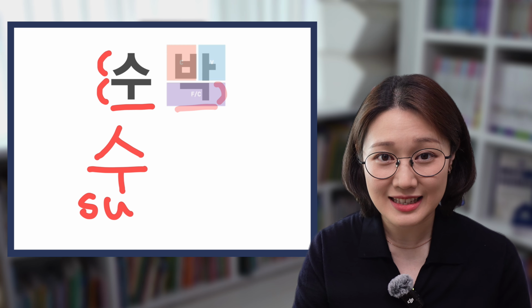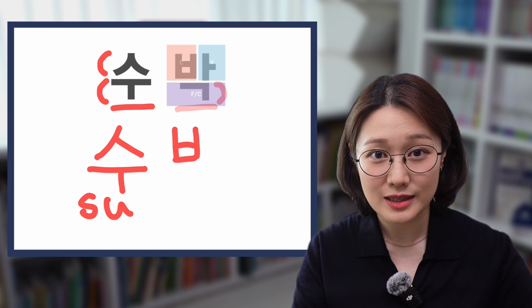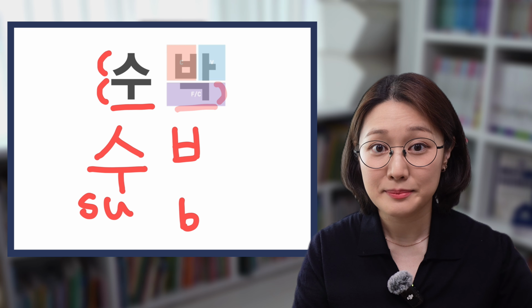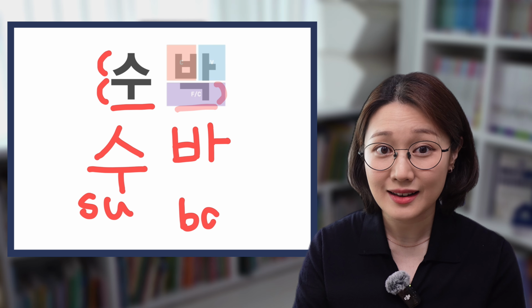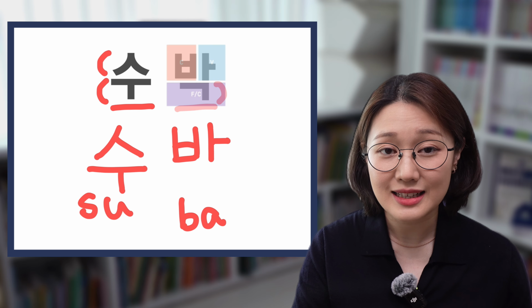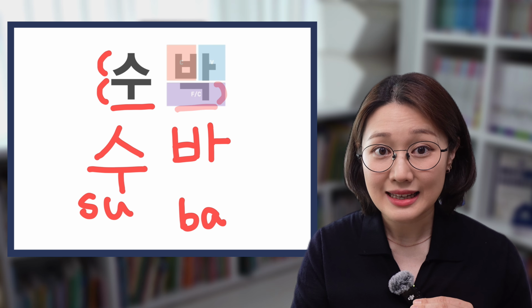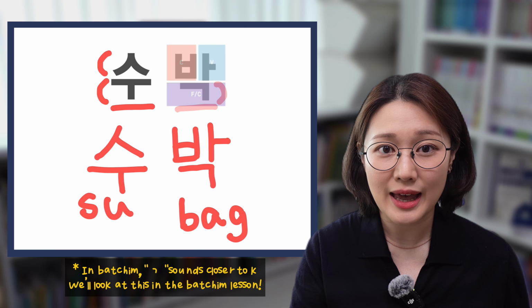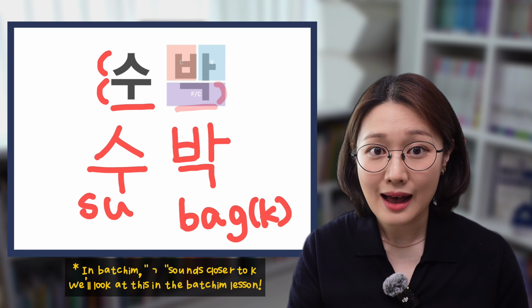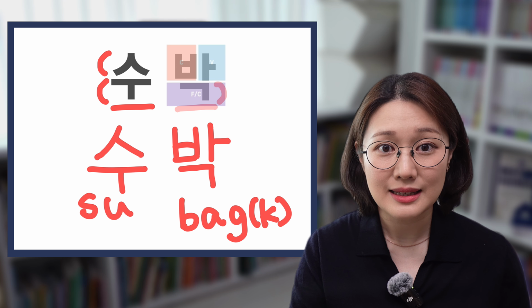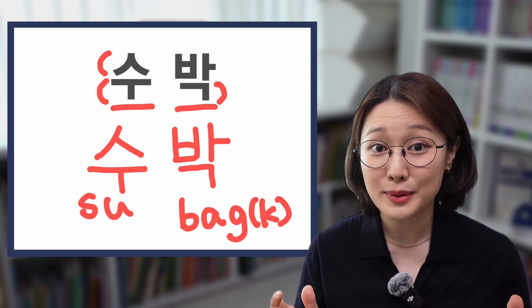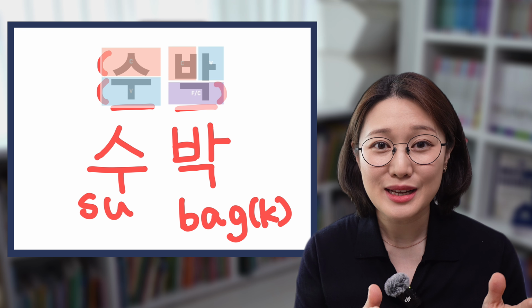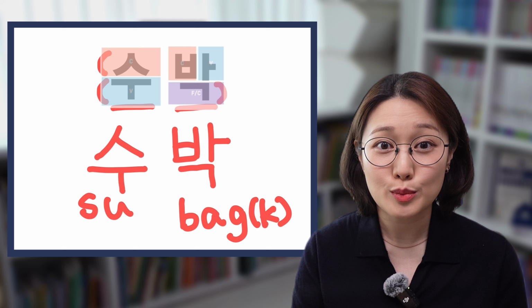The consonant is this, 비읍, which sounds like b. The vowel is a again. And the consonant at the bottom is 기역, 그 sound, but it closes the syllable. So we have b, a, 그. That makes 박. And put the two syllables together, 수박, 수박.